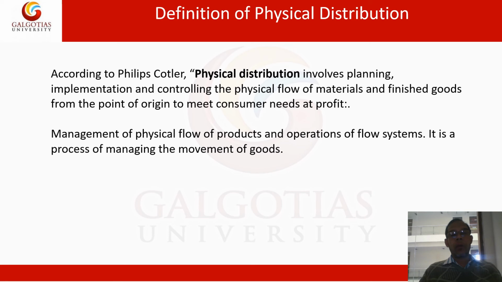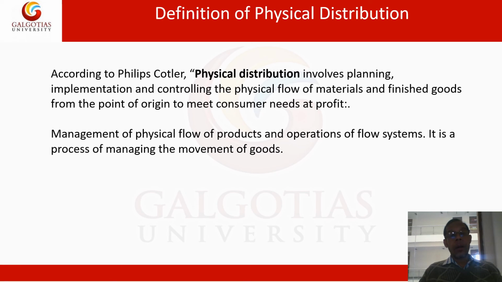According to Philip Kotler, distinguished marketing professor and book writer, physical distribution involves planning, implementing and controlling the physical flow of material and finished goods from the point of origin to meet customer needs at a profit.